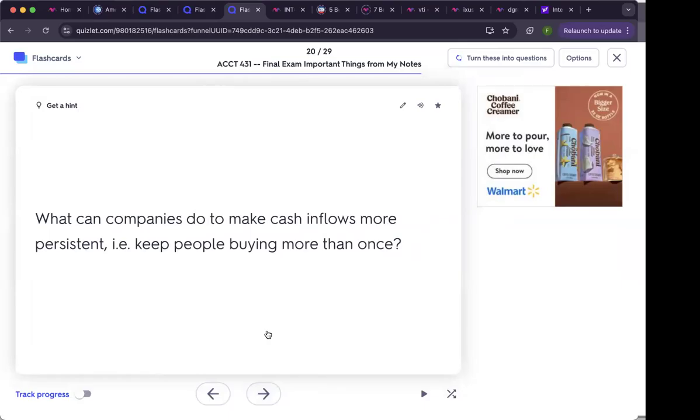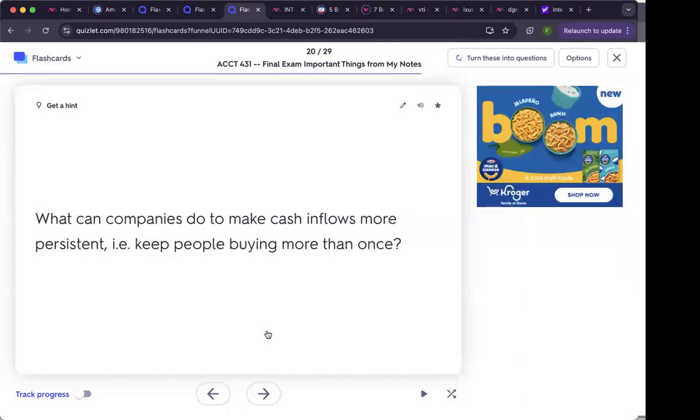What can companies do to make cash inflows more persistent, meaning keep people buying more than once? Take textbooks, for example. If you're a teacher, you buy the textbook, you only need that one textbook. It's not like you're buying the textbook every year just for the fun of it.